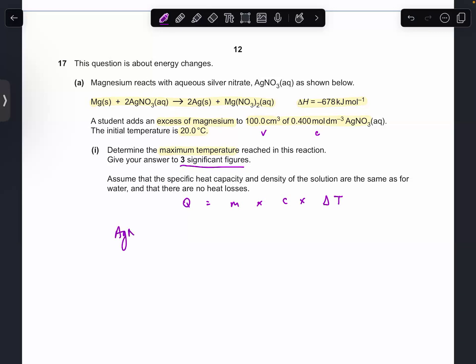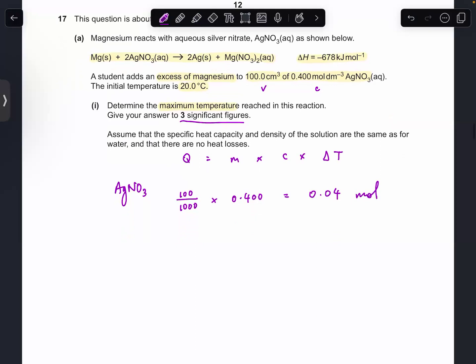So for silver nitrate, you've got volume, you've got the concentration. That gives you 0.04 moles. Now, you see, we've got 0.04 moles. This enthalpy change given in the question is for 2 moles of silver nitrate.